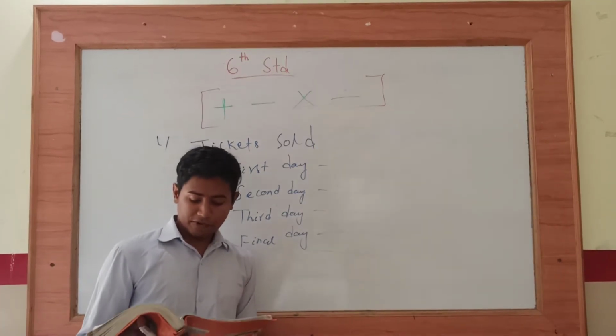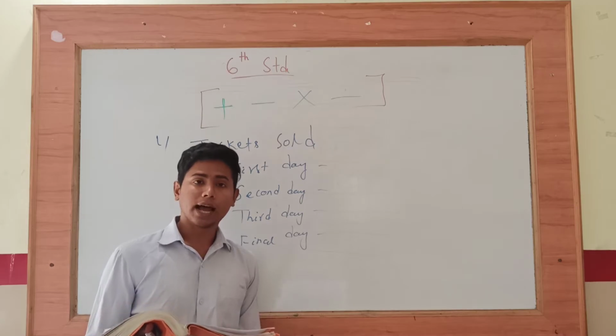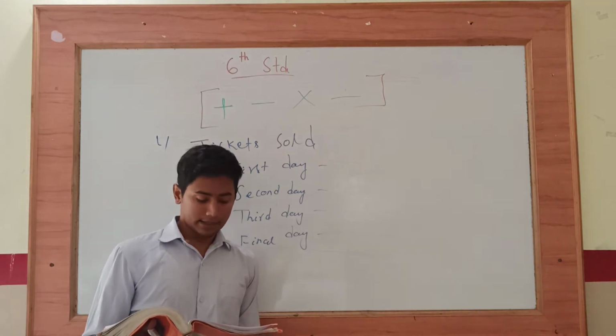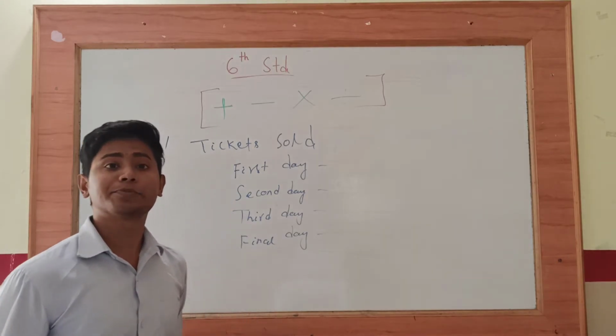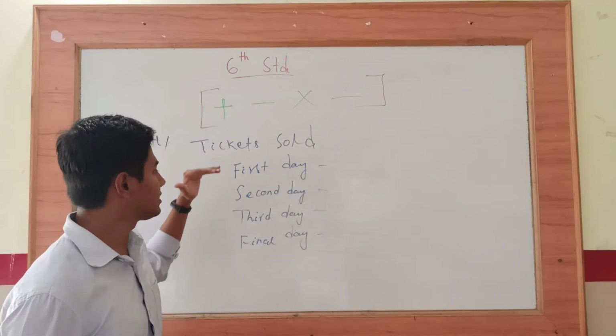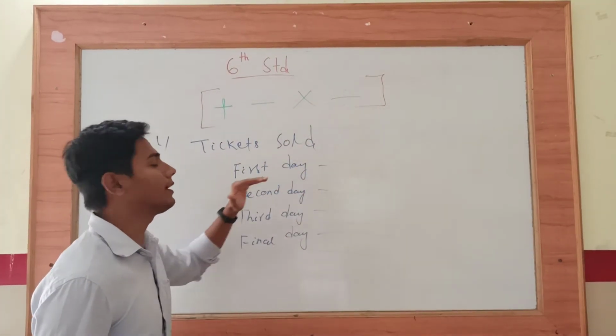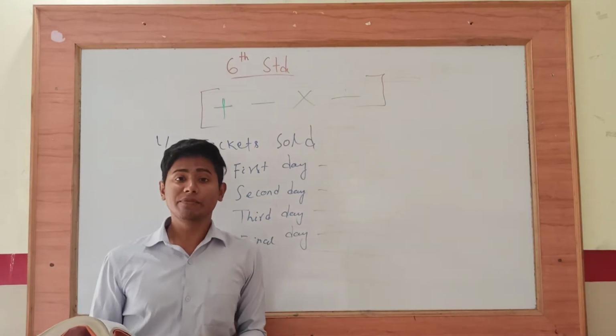So the first number is 1094, the second number is 1812, the third number is 2050, and the last number is 2751. So this is already given in the question.